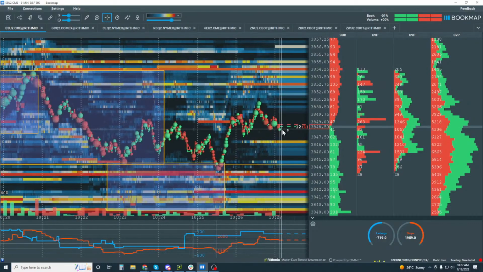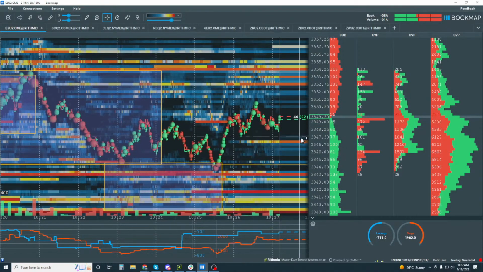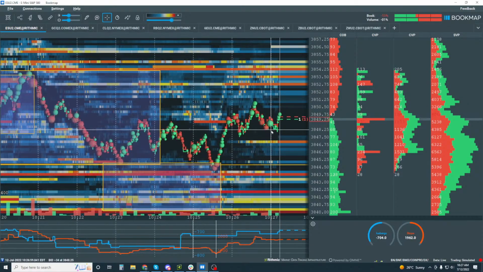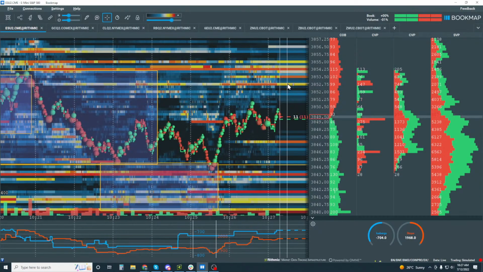Let's see, would you get some sellers in here again? Just curious. Nope, nothing. Buyers on the squeeze. Let's see if they can reach back up to 52.